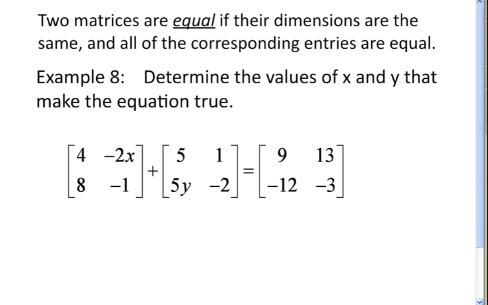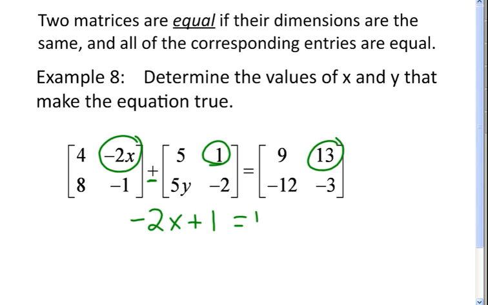So what we have to do, we see here that it's in this position here. We're going to add it to the 1 and it's going to equal 13. So we have negative 2x plus 1 equals 13. Now we just have to solve for x. We subtract 1 from both sides. We get negative 2x equals 12.